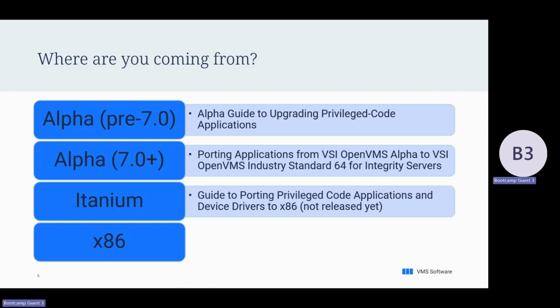And if you're coming from VAX or from really early Alpha, you may want to look at the Alpha guide to upgrading privileged code applications, because that goes into everything you need to do to take 32-bit code and turn it into 64-bit memory-aware code. So the longer you go back, the more reading material there is available to you.